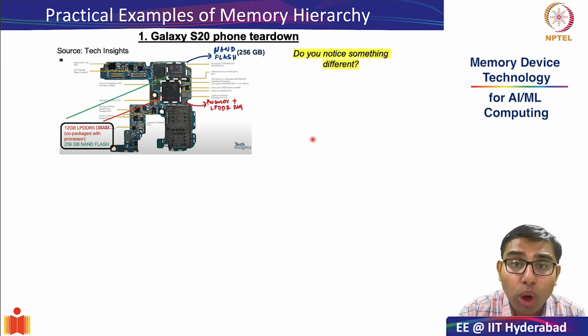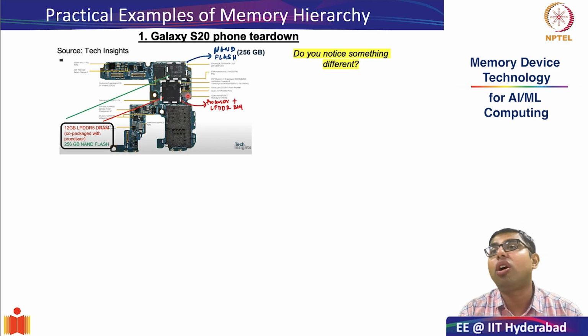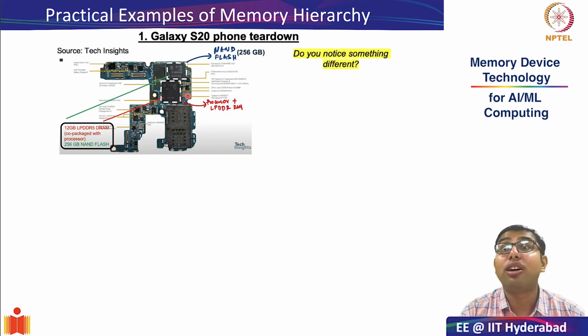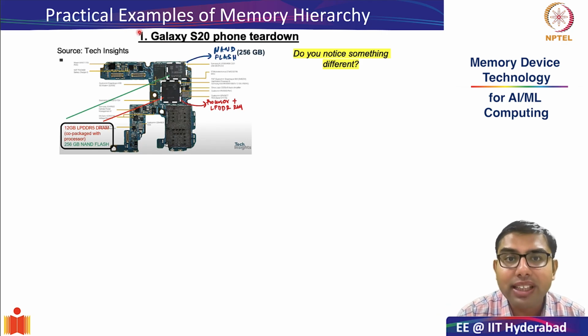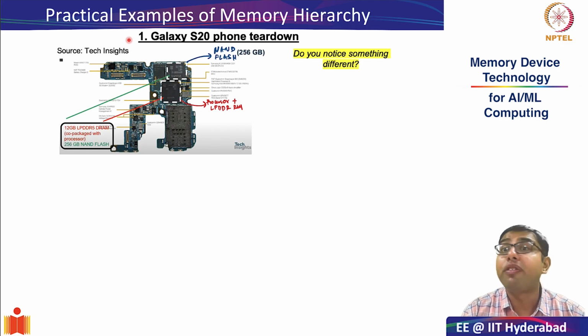So we look at the actual implementation of memory hierarchy and the concepts we have been studying in the phones and laptops that you are using. So the first example is that of a high-end mobile phone, which is the Samsung Galaxy S20.